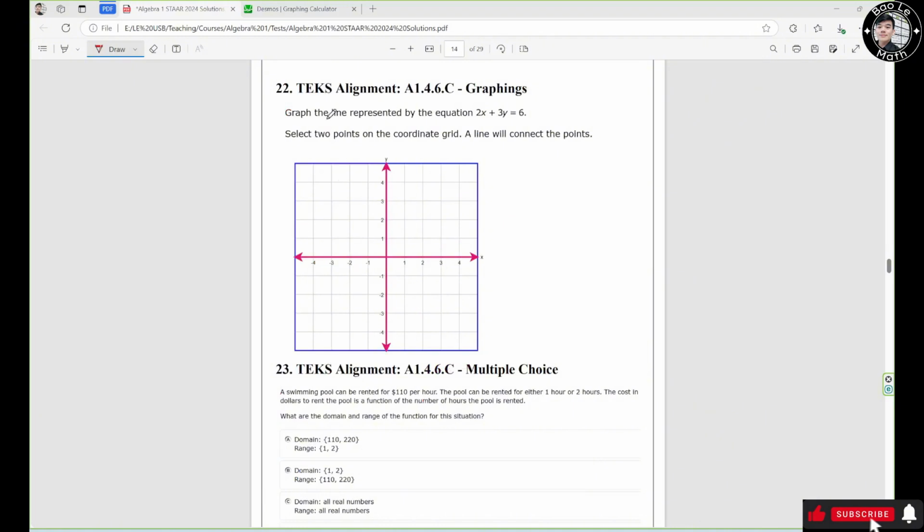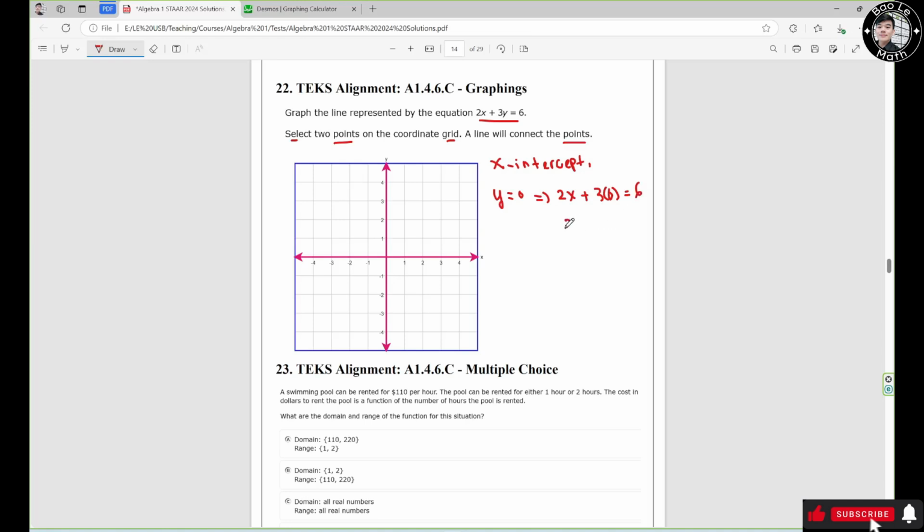Now let's move on to question number 22. We need to graph the linear function right here. Alright, so we just find the s and y intercepts. First we need to find the s intercept. We just let y equal 0. Substitute over here. So then we have 2s plus 3 times 0 equals 6.